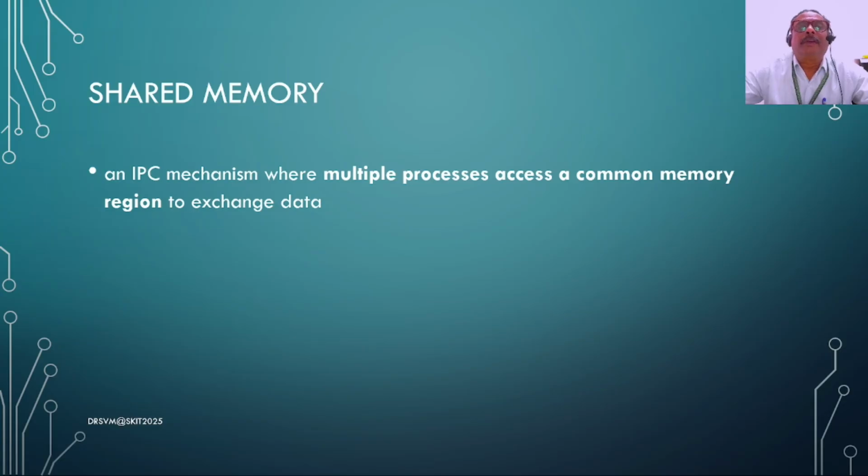We want them to be isolated, but in some cases we do require information from one process to be transferred to another process, and that's where inter-process communication comes into the picture.